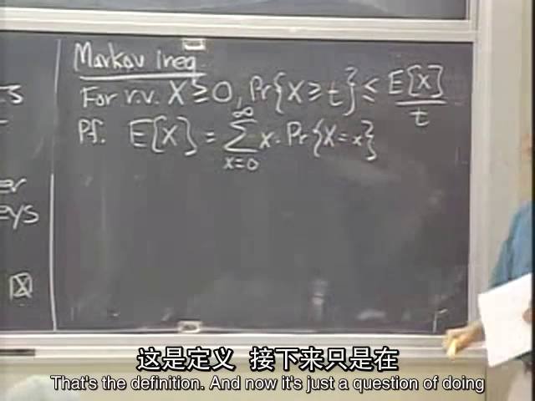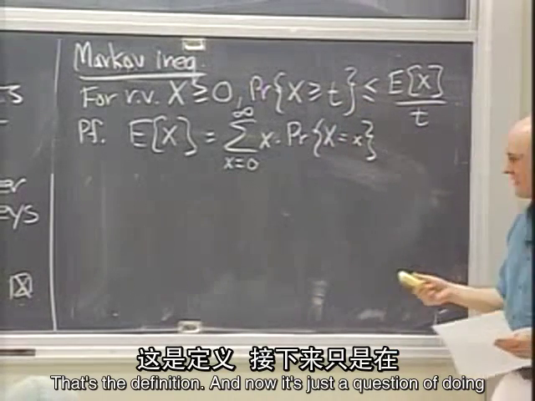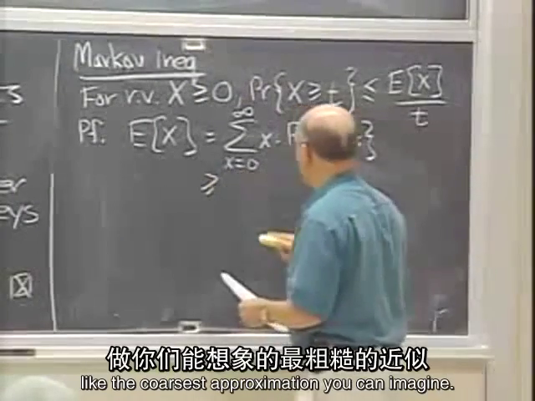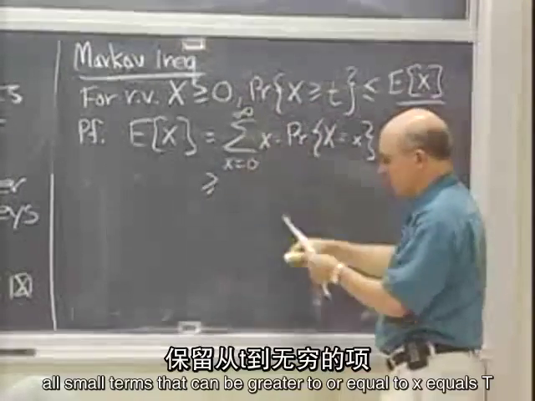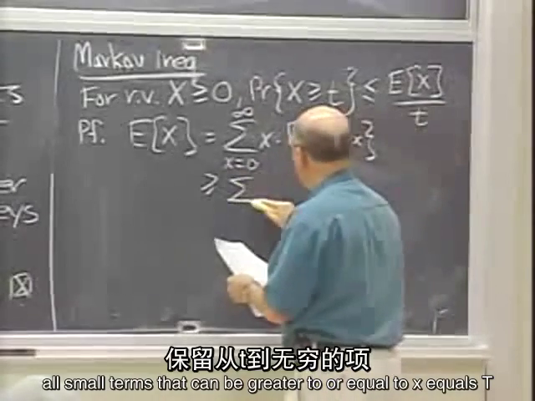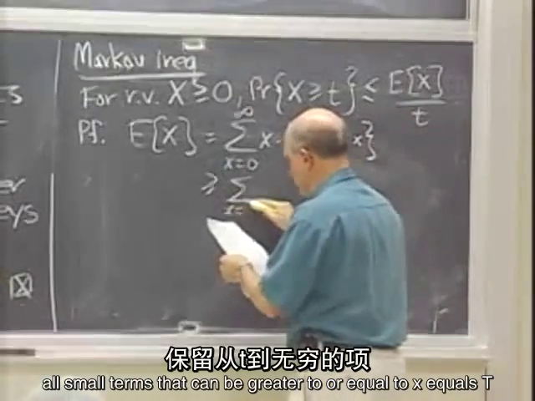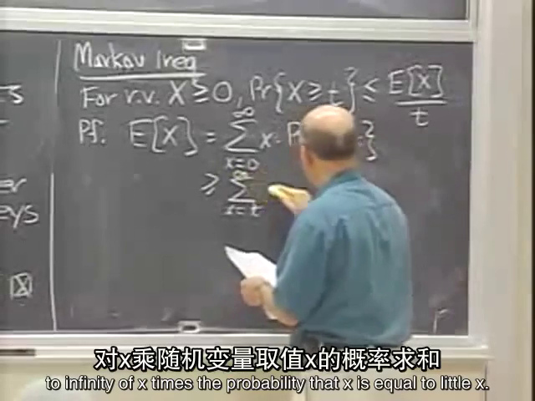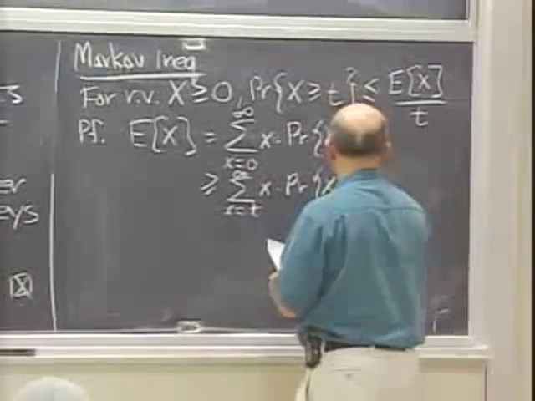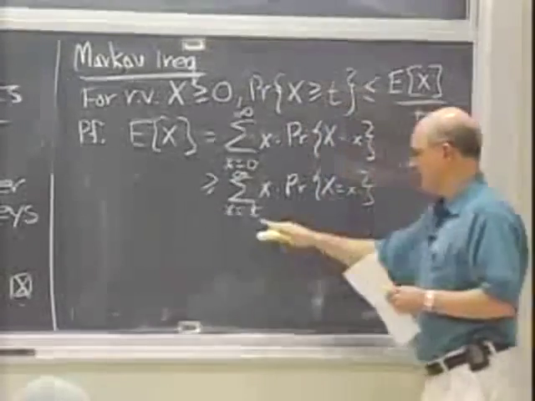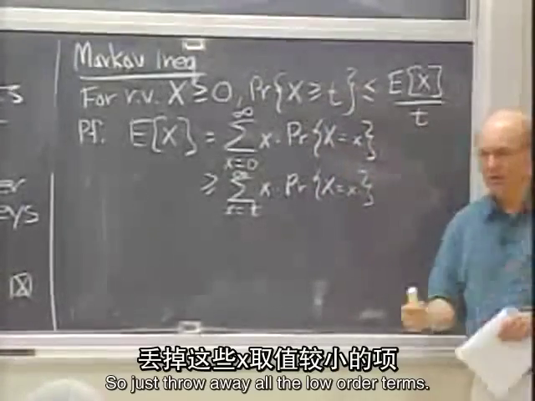That's the definition. And now it's just a question of doing the coarsest approximation you can imagine. First of all, let me simply throw away all small terms. So that's greater than or equal to the sum from x equals t to infinity of x times the probability that X is equal to little x. Just throw away all the low-order terms.